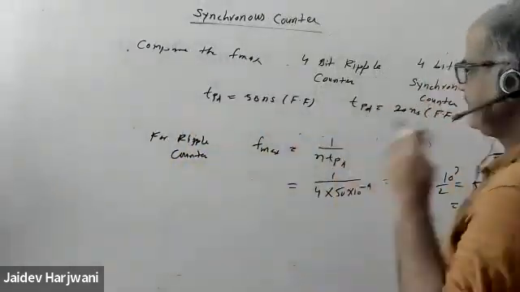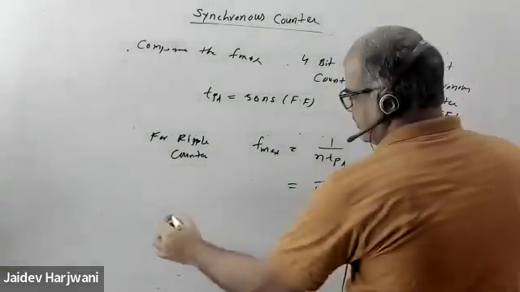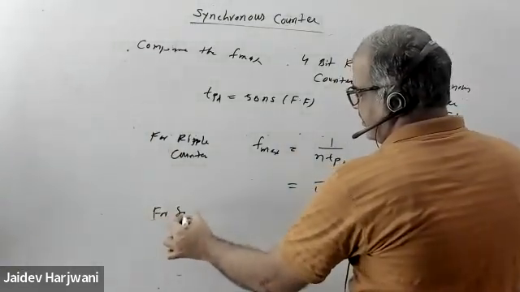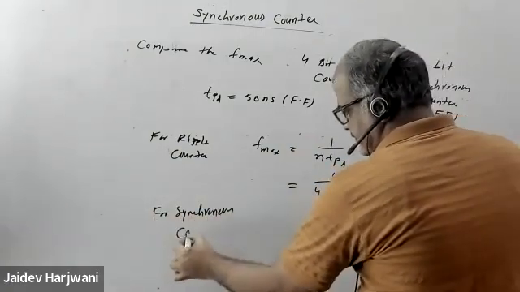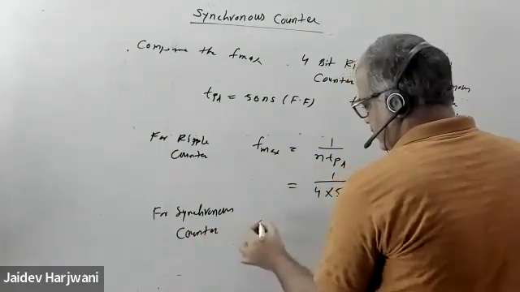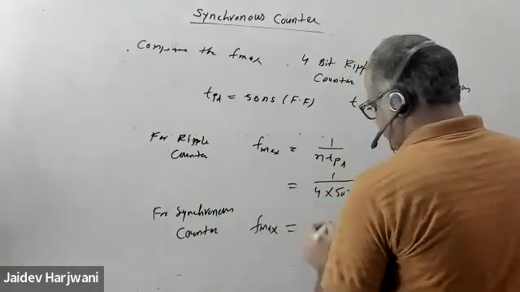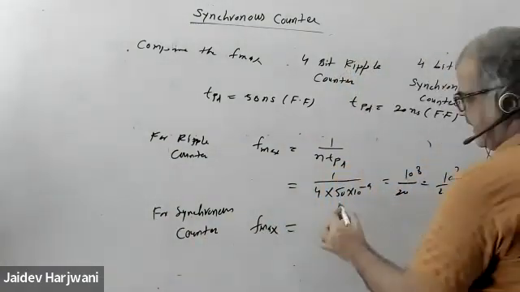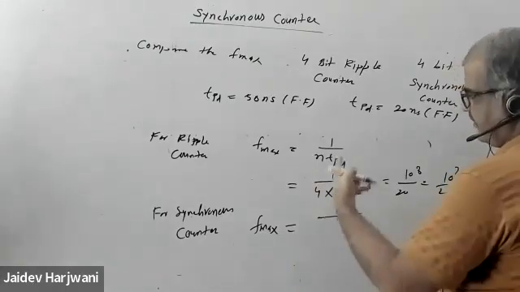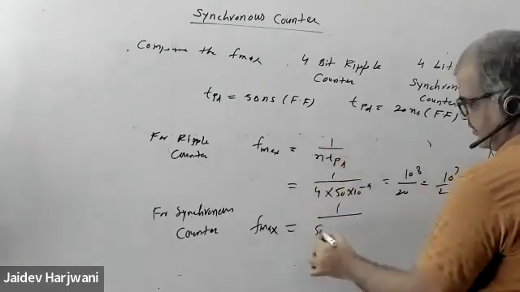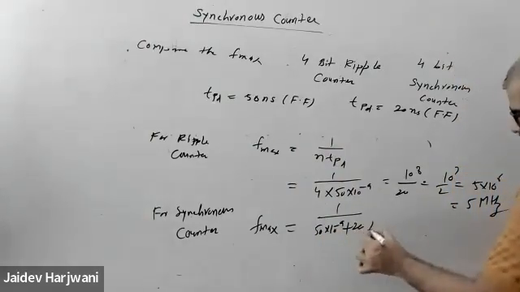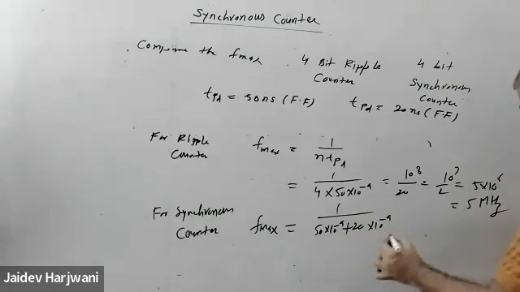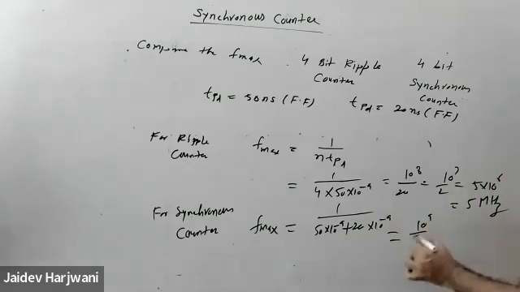Similarly, if I calculate the F max for the synchronous counter, now only one TPD is to be taken: 50 nanoseconds plus 20 nanoseconds. So 70 nanoseconds, 10 to the power 9 upon 70.